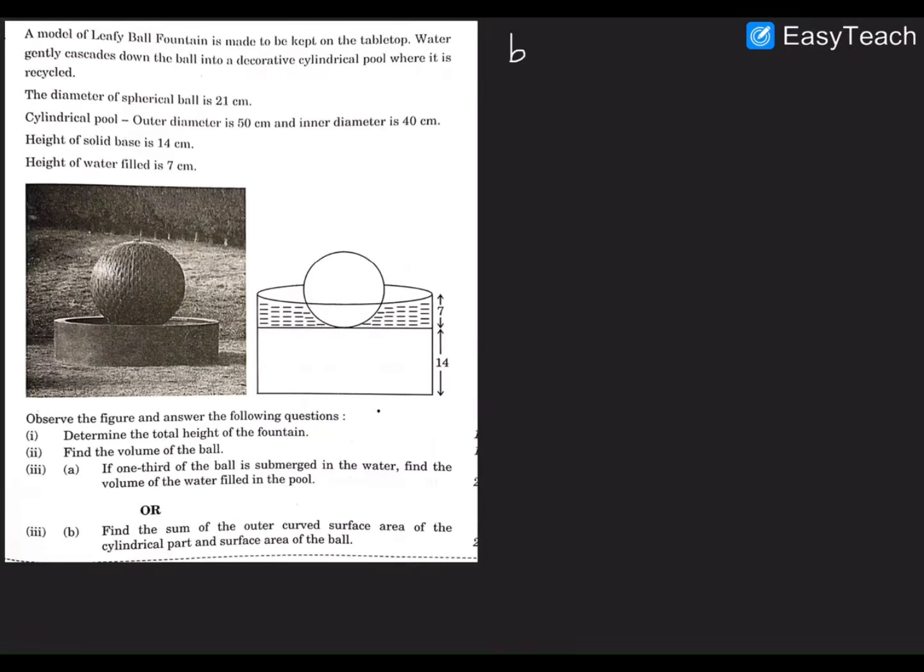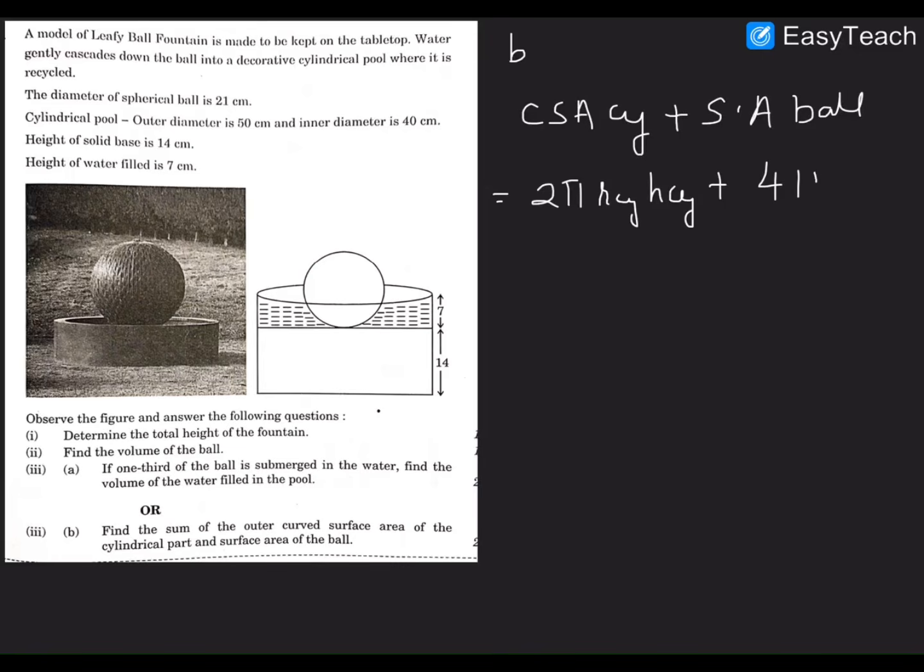For the OR question, we have to find the sum of the outer curved surface area of the cylinder and the surface area of the ball. The curved surface area of the cylinder is 2 pi r h, with the radius and height of the cylinder, plus the surface area of the ball, that means 4 pi r square with the radius of the ball.